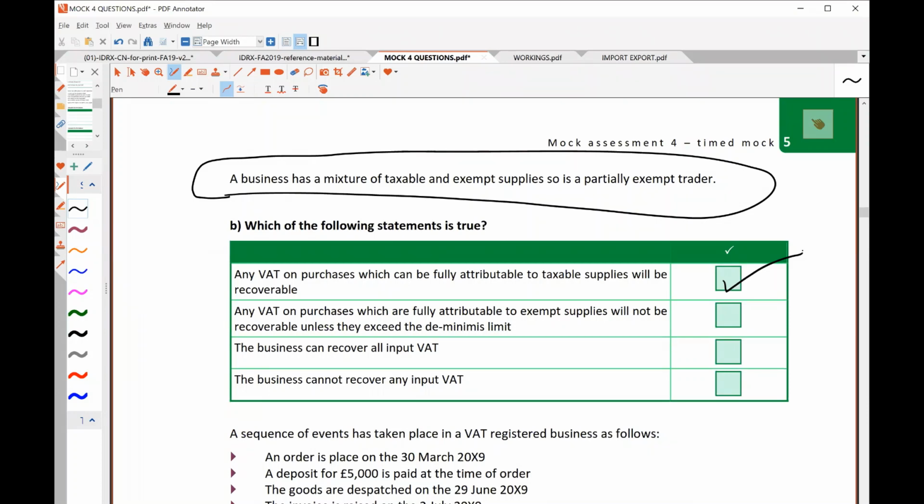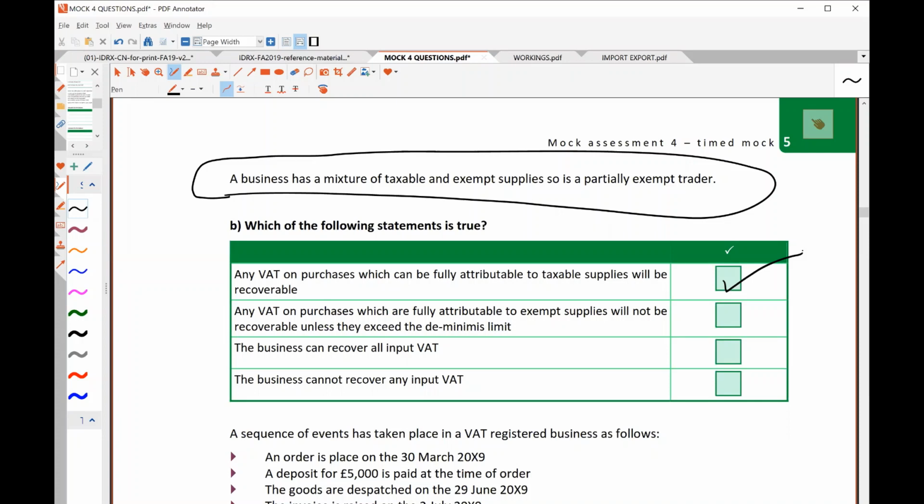They're saying if it's less than a certain amount that's exempt, we'll let you just shove it all through together and deal with it like that. You don't need to split them out. But the de minimis limit is just an amount that HMRC come up with, and if it's below that, you can put them all together.